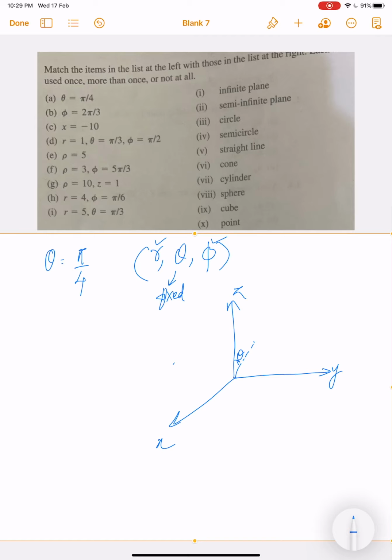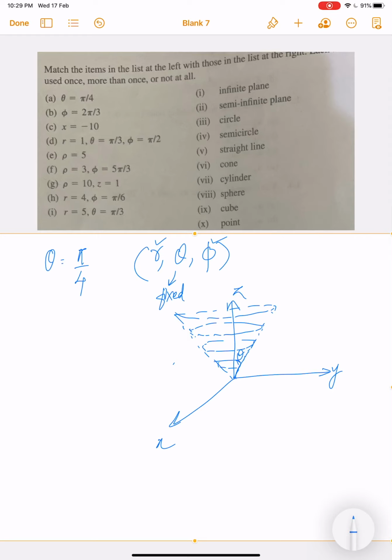That means my r can vary from 0 to infinity and my phi can vary from 0 to 2 pi. When it varies from 0 to 2 pi, that means like this or like this, depending on what my r is, like this. So you can very clearly see that I am getting a cone.